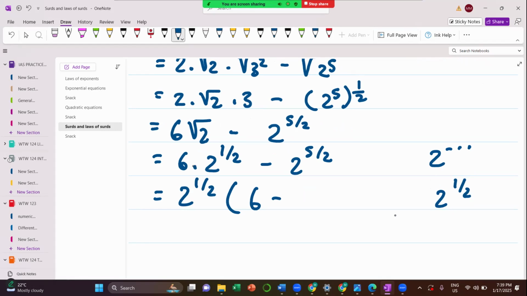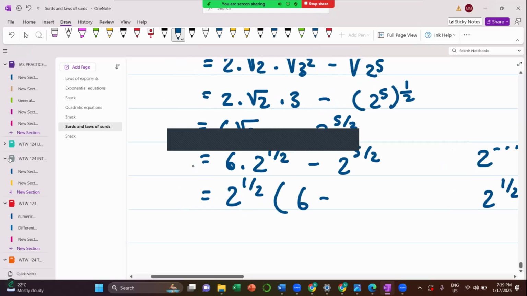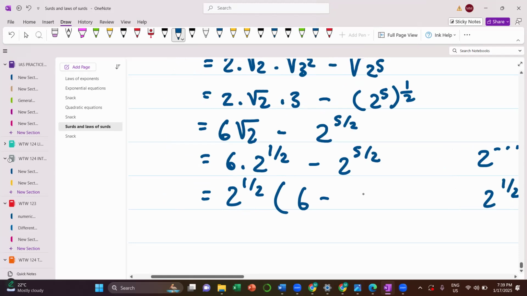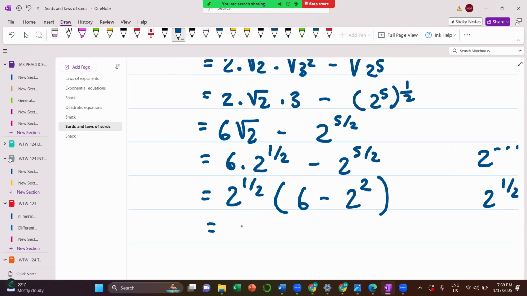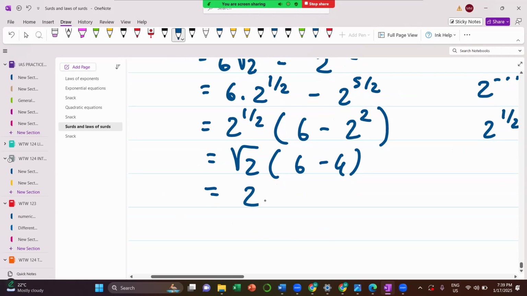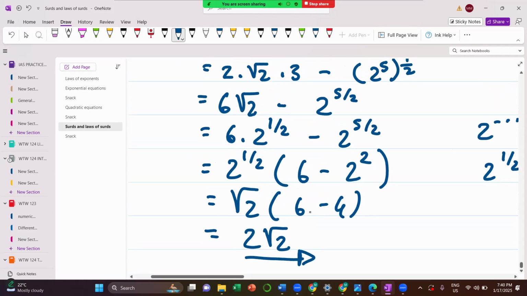So it's going to be 5 over 2 minus 1 over 2, which just gives me 2 to the exponent of 2, right? And then here, 2 to the exponent of 1 over 2 is just the square root of 2. And then here I just have 6 minus 4, which is 2 root 2. So I think that's the final answer because it's in surd form.